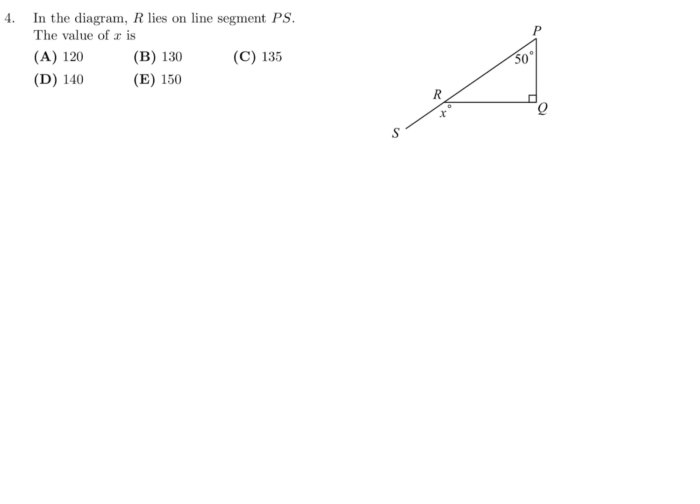In the diagram, R lies on line segment PS. The value of x is, well, this is 90, so say y plus 90 plus 50 is 180. Therefore, solving for y, we get y is equal to 40.